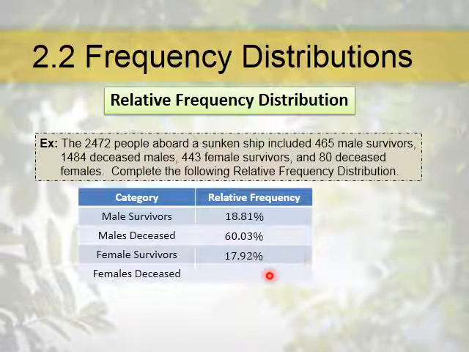And then for the last category, take my 80 deceased females and divide by 2,472 people on board to get 3.23%. Now just to double check, you can add up these percentages and make sure that it's approximately 100%.